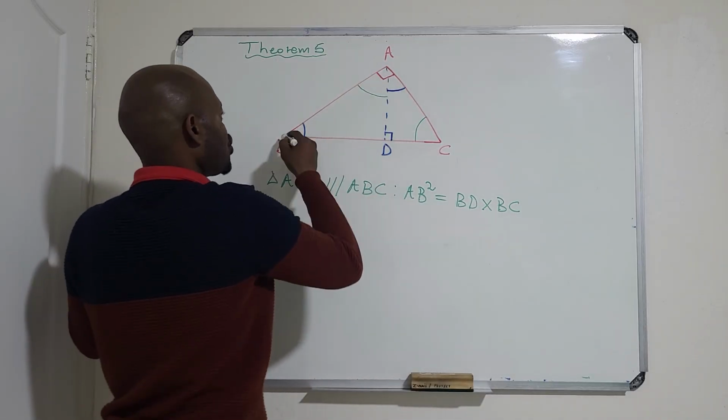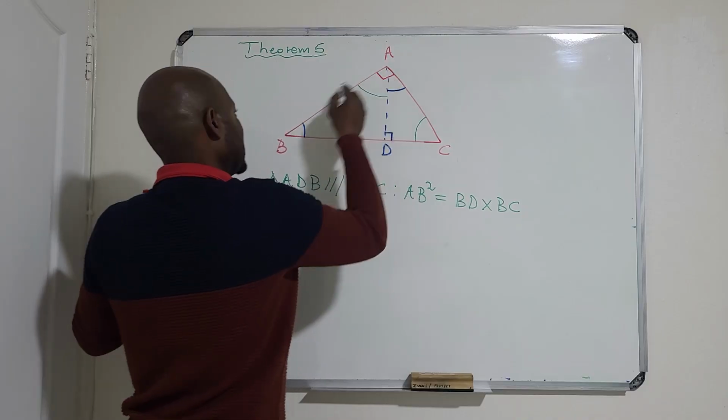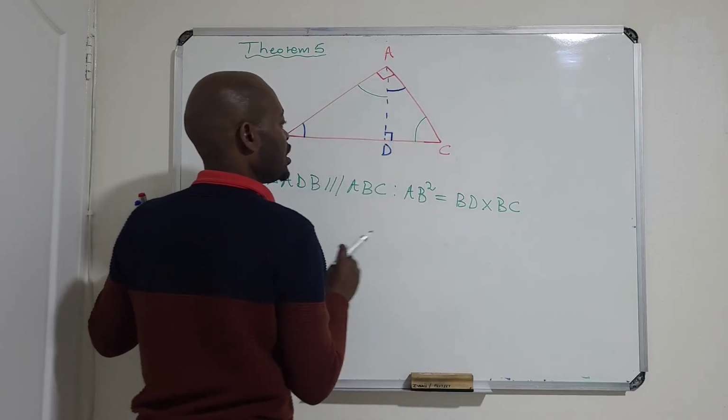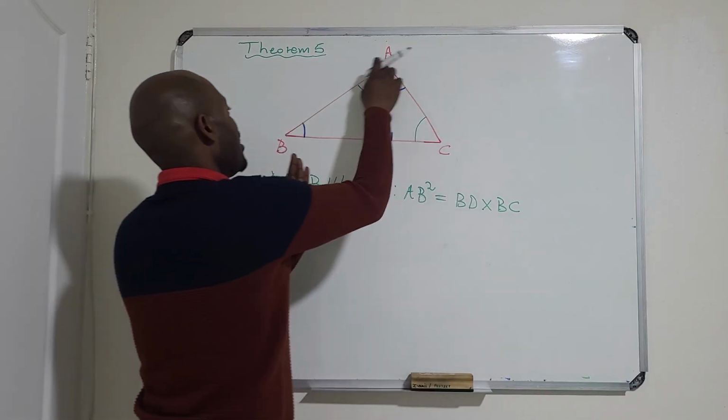If this triangle is similar to the whole triangle, this is what we have for AB.